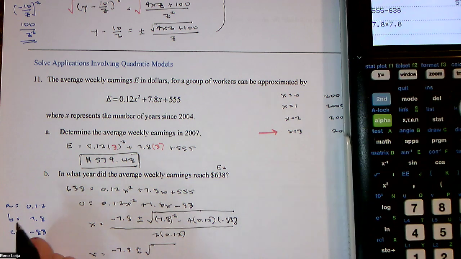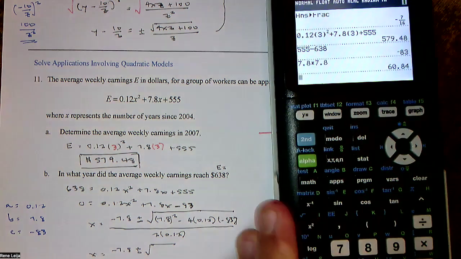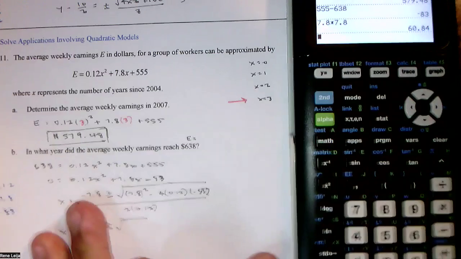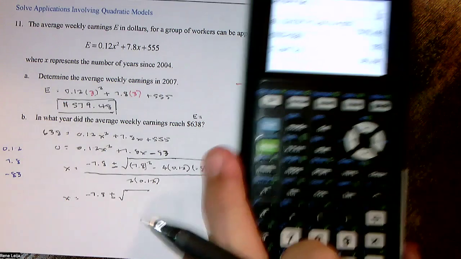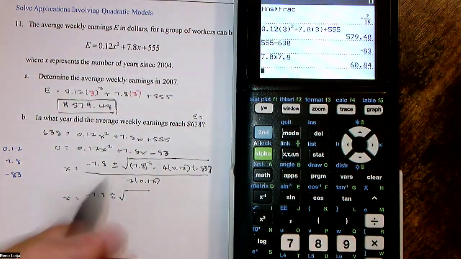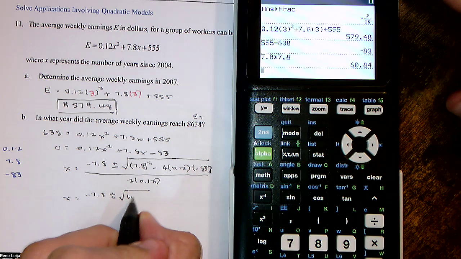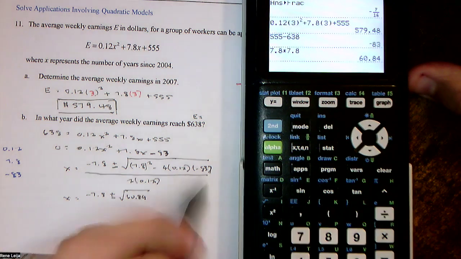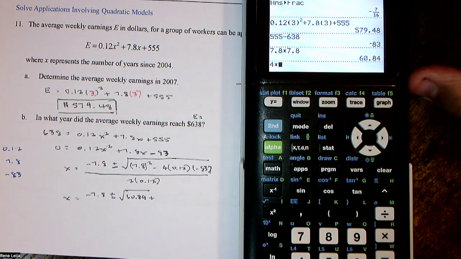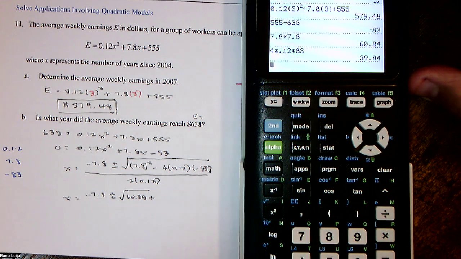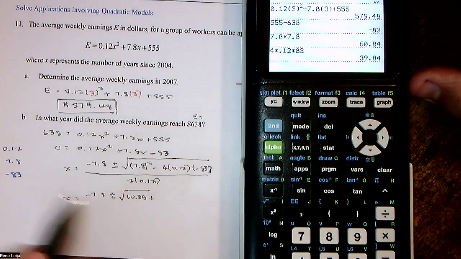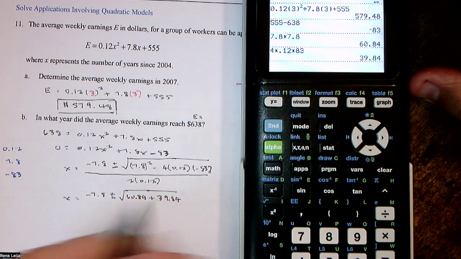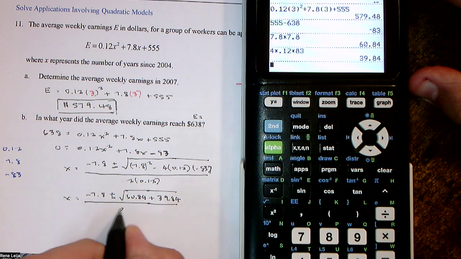Let me scoot this over, bring this down, and cover up the x's for just a minute. This is going to be 60.84. And then these two negatives are going to turn positive. So 4 times 0.12 times 83, that's 39.84, all over 0.24.